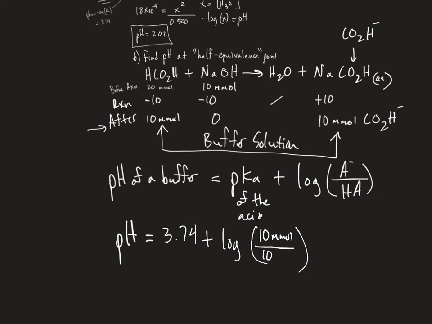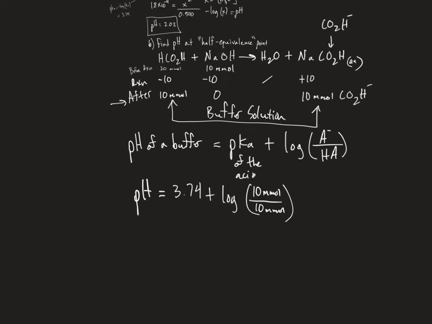Remember, you don't have to have molarity in the Henderson-Hasselbalch equation because it's the same ratio. So we're just looking at the ratio. This is the special case, the half equivalence point, when I have equal amounts of conjugate acid and conjugate base. The ratio is 1, and the log of 1 goes to 0. So the pH should be simply 3.74 plus 0, which is 3.74. So that's what happens at the half equivalence point.